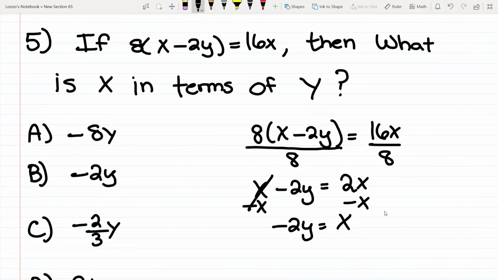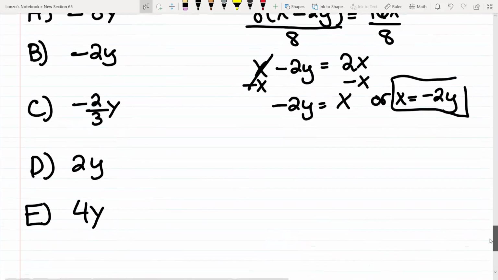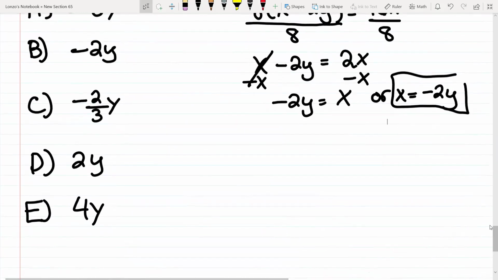Or you could say x equals negative 2y. So that would be letter B.